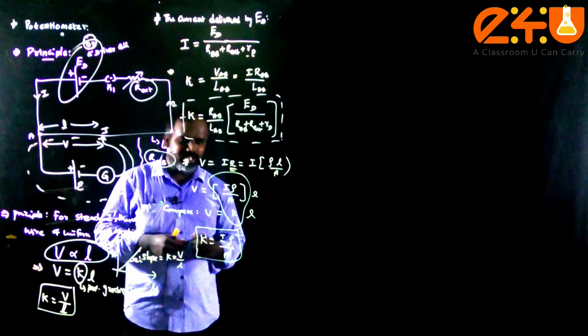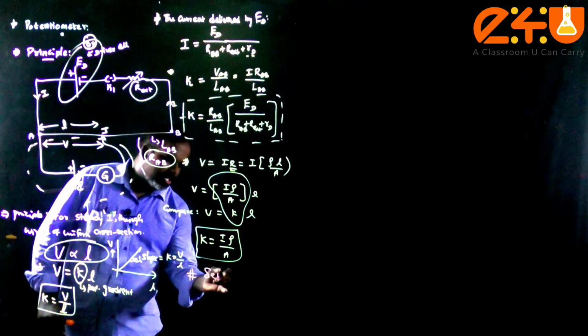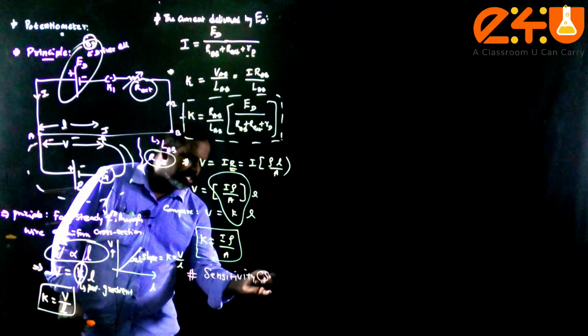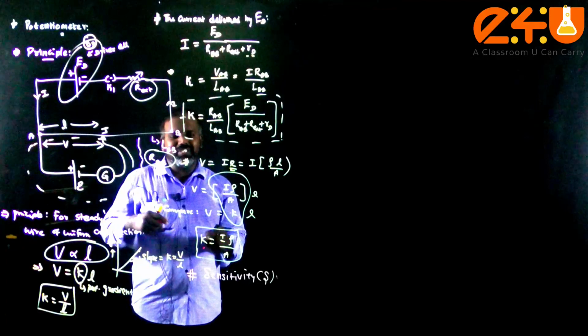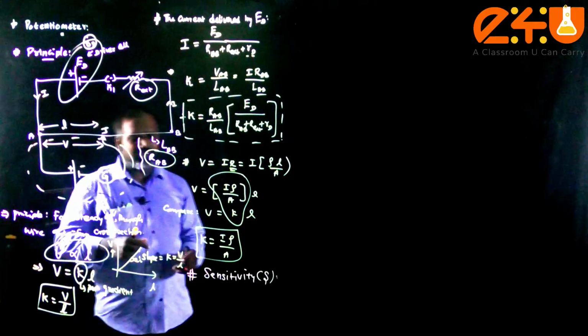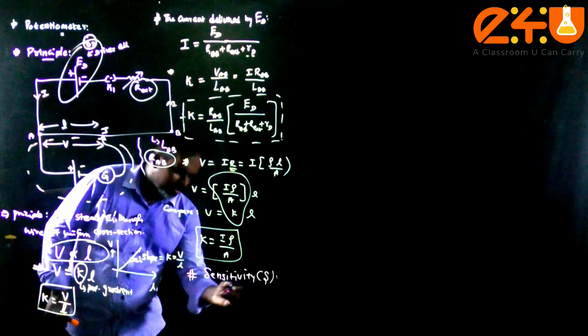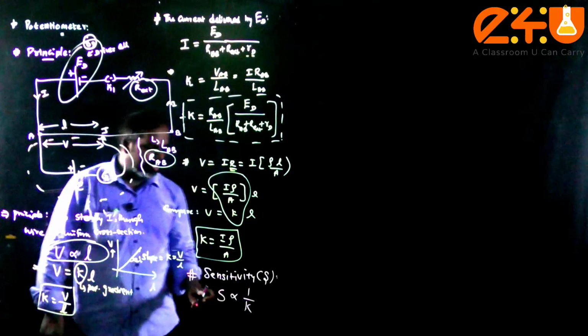Another parameter we are going to define for the potentiometer is called sensitivity. Sensitivity means the ability to measure smaller potential differences between two given points. So S is inversely proportional to the potential gradient.